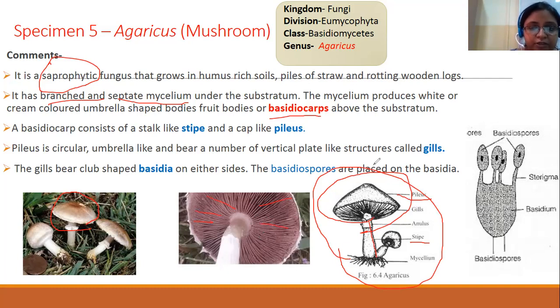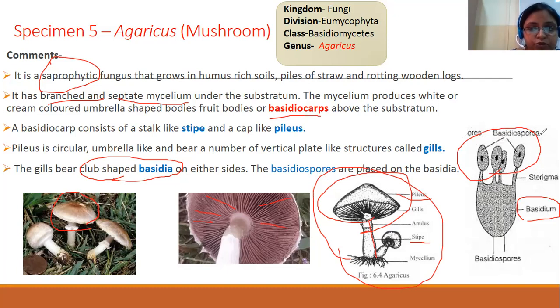Here, on these gills, the spaces between them contain club-shaped basidia, or basidium. These basidia bear the basidiospores. These basidiospores are the sexual spores produced in these mushrooms, with the help of which they reproduce sexually.